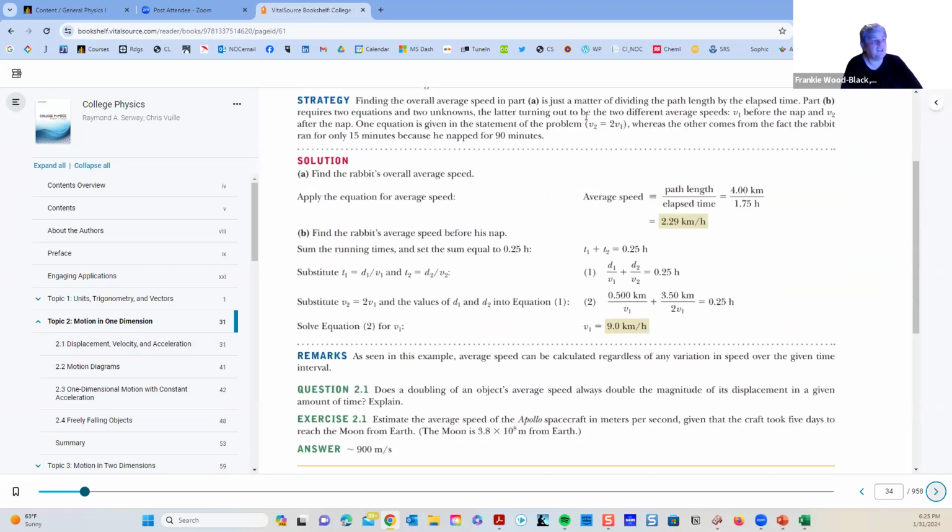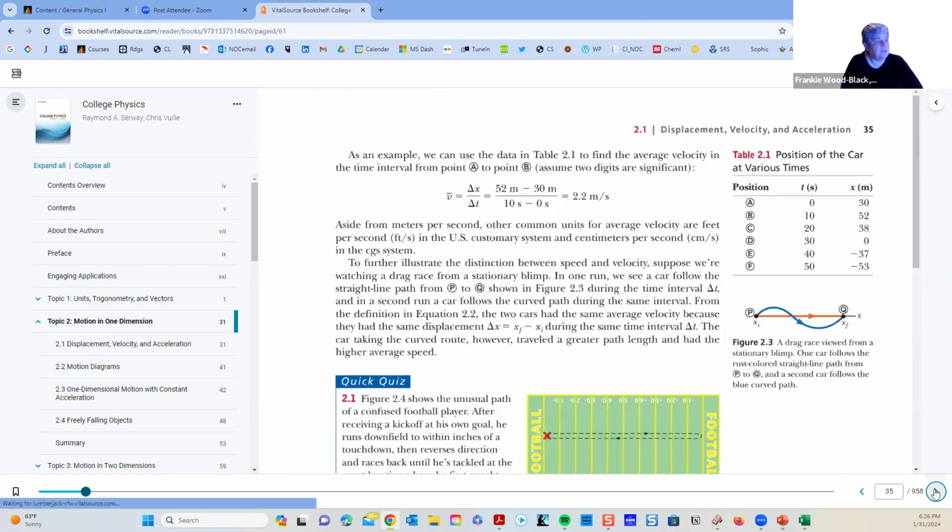You could also take a 3x5 card or a piece of paper and cover up this side to see if you can go through and do the calculation.